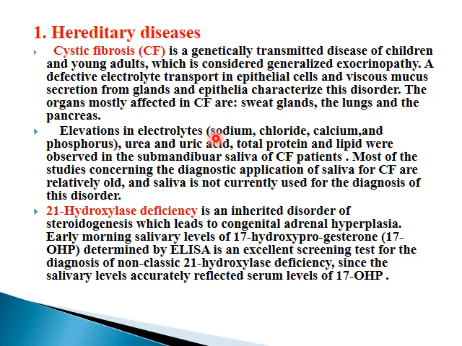Elevations in electrolytes like sodium, chloride, calcium, and phosphorus, urea and uric acid, total protein, and lipid were observed in the submandibular saliva of cystic fibrotic patients. Most of the studies concerning the diagnostic application of saliva for cystic fibrosis are relatively old, and saliva is not currently used for the diagnosis of this disorder.